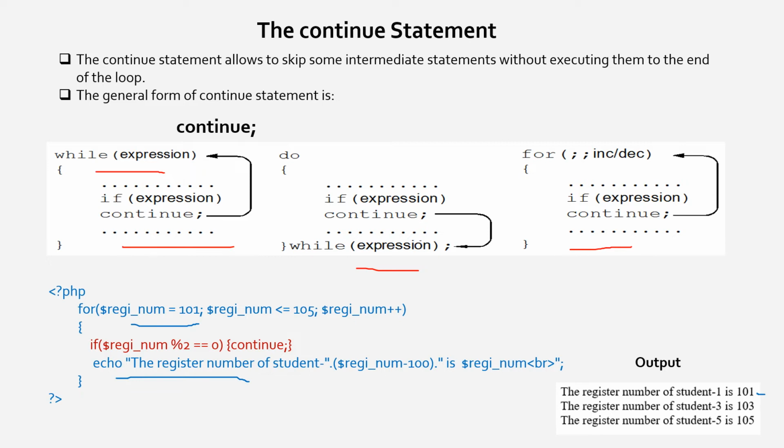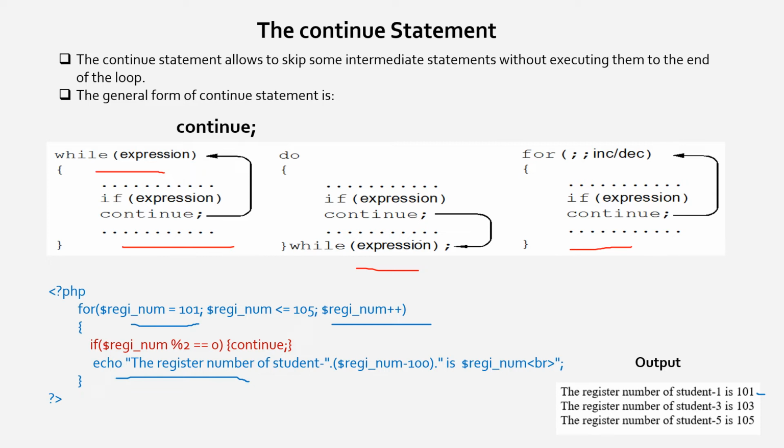Next, that will be incremented by 1, so that time this will check whether it is equal to 0. It is equal to 0. Equal to 0 means continue, and the remaining line will be skipped, that will not be executed.